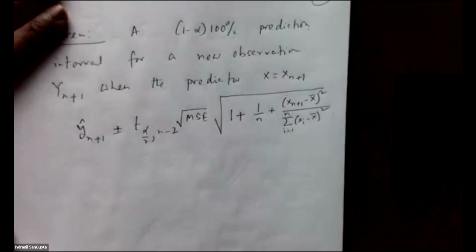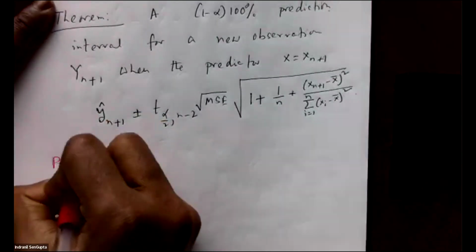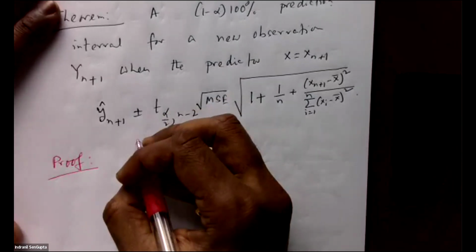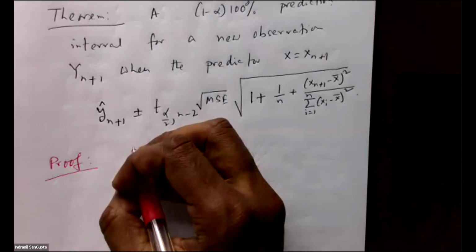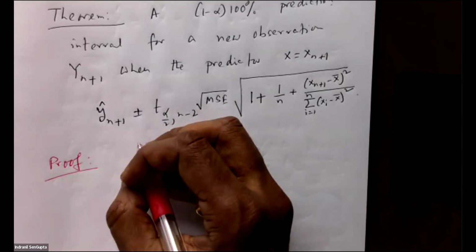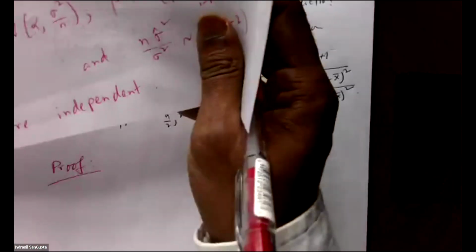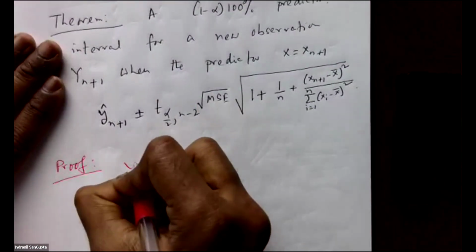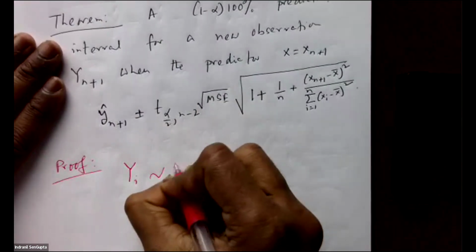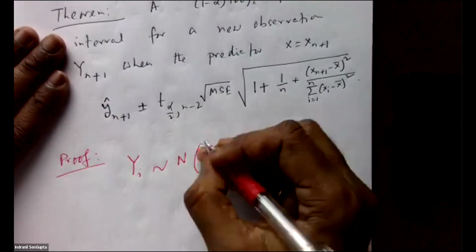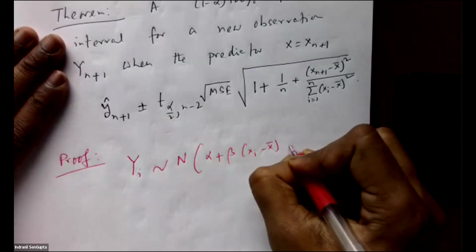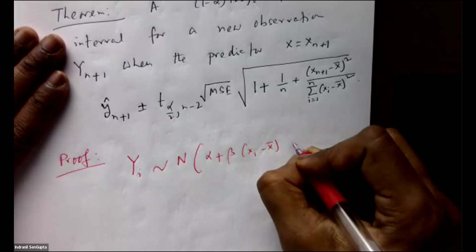So here's a proof. Okay. So let's recall, what is y n plus 1? How do you compute y n plus 1? So last time we have seen that we have this equation, right? So I'm trying to show you the equation for y i. So y i is really following a normal distribution with the mean alpha plus beta times (x i minus x bar) and variance sigma squared.